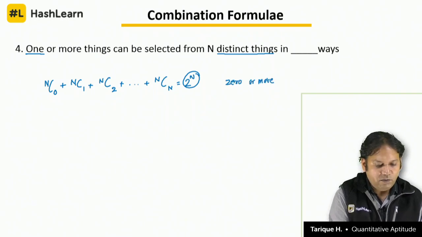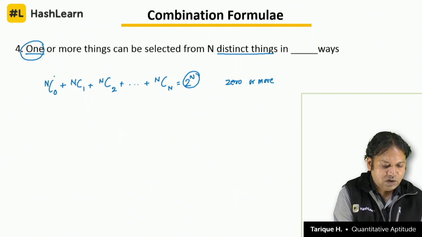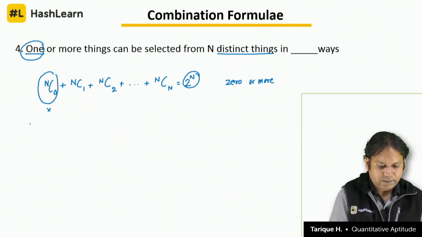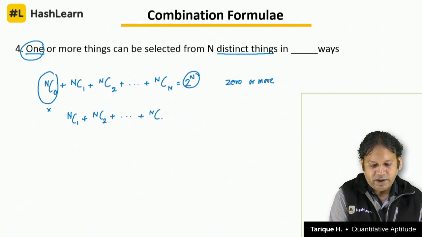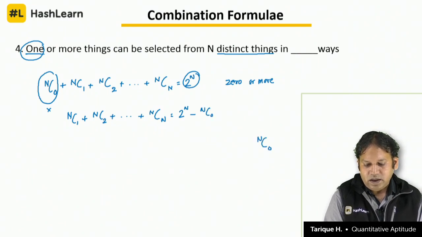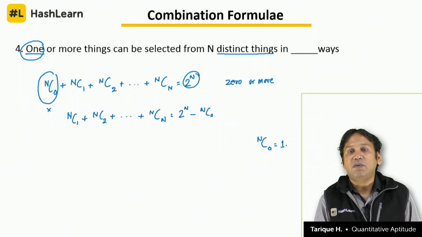When we say 1 or more, then we exclude the case of selecting 0. I don't want this. So what I can do is I can take it on the left hand side. So we get NC1, NC2 up to NCn, selecting n things from n things, is equal to 2 power n minus NC0, and NC0, anything combination 0, is equal to 1.